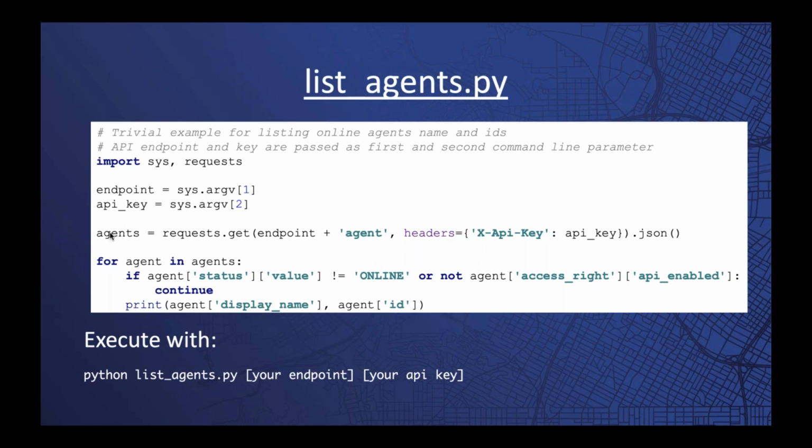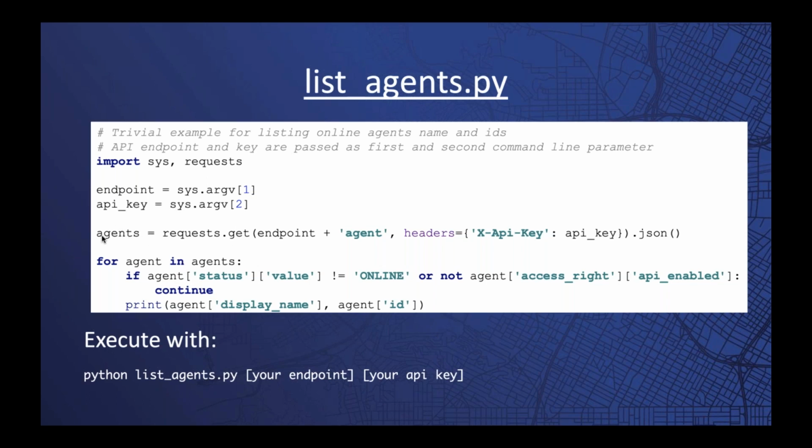Only one API call is done, the agent list is fetched, and you can see how the path agent is added to the endpoint and how the API key is passed as an HTTP header. The response is parsed as JSON in order to have a usable dictionary that can be explored and analyzed in the following code.